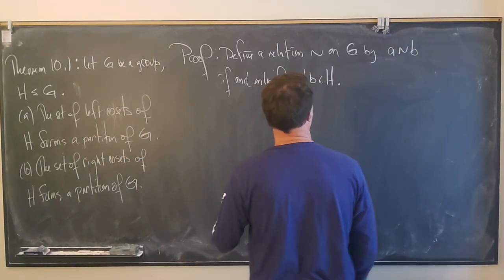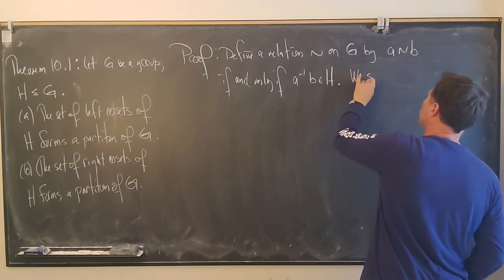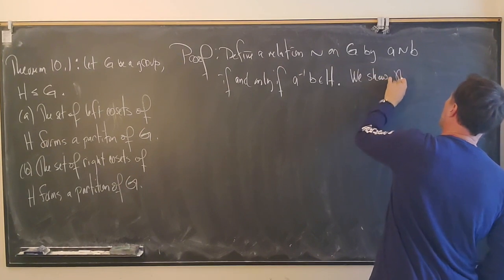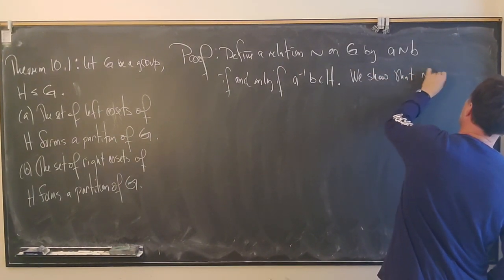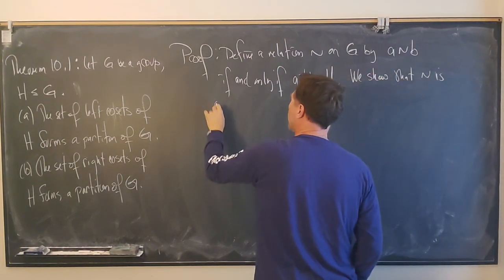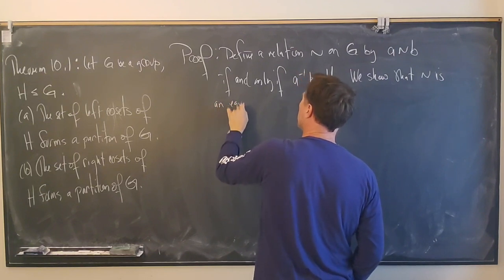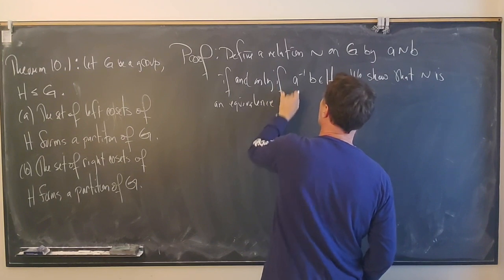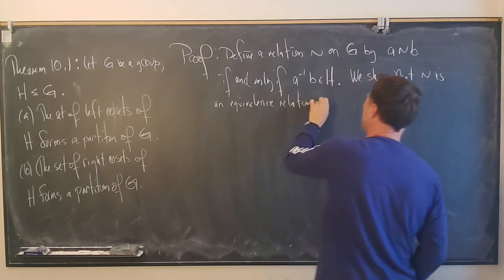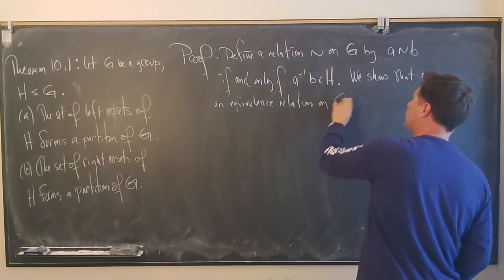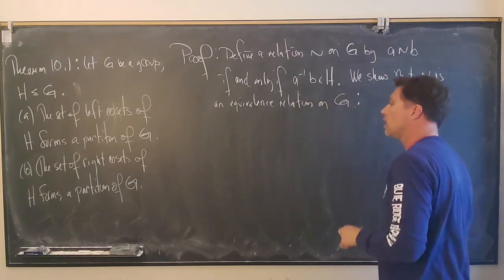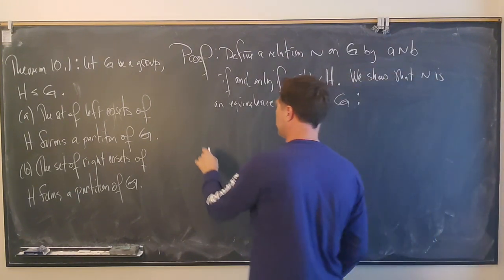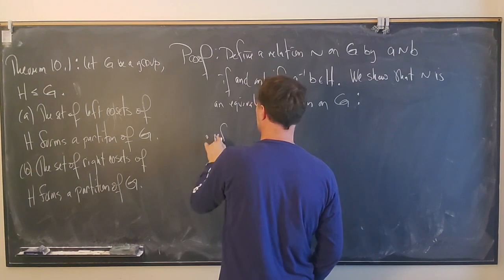So when we show that tilde is an equivalence relation on capital G. So first we'll do reflexive. Let's label this.